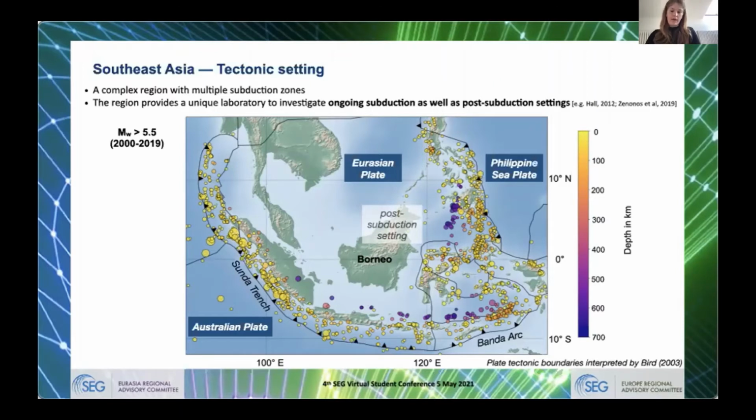So overall, the area is an ideal target to investigate different phases of the tectonic subduction cycles, such as ongoing subduction along Indonesia, as well as two post-subduction settings around northern Borneo, that is, subduction stopped there a few million years ago. Thus, my project aims to obtain a new large-scale image of the entire region to understand Southeast Asia as a whole, and full waveform inversion is particularly suitable for imaging such complex parts.